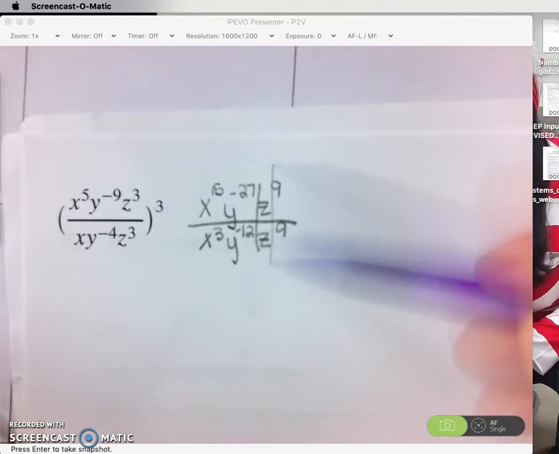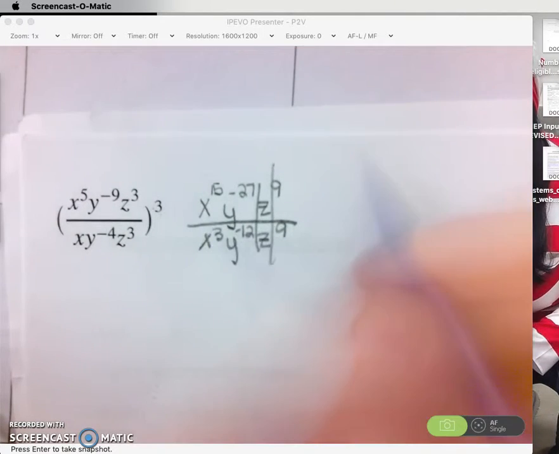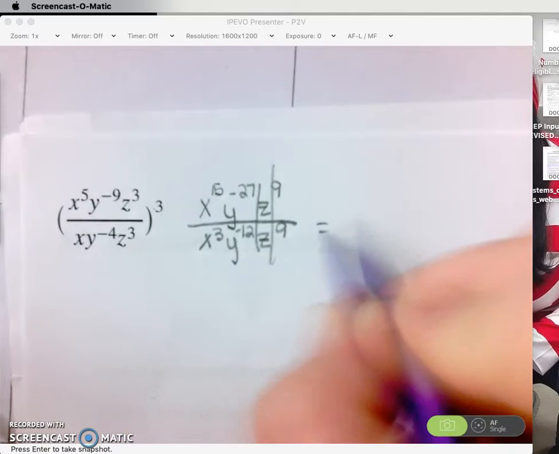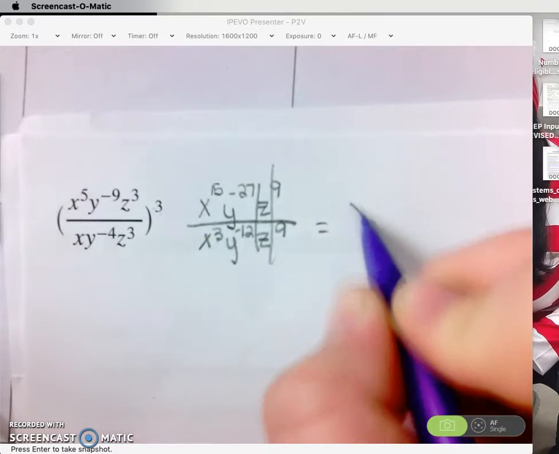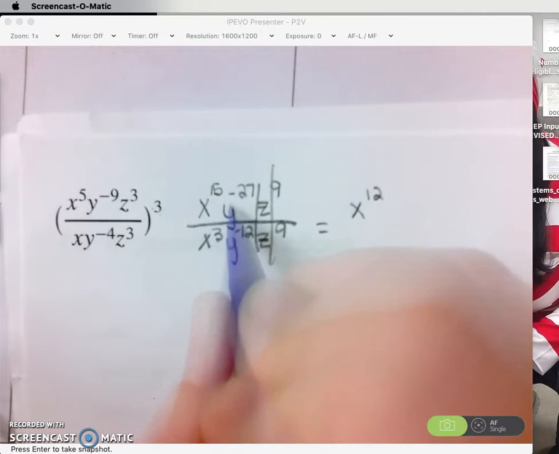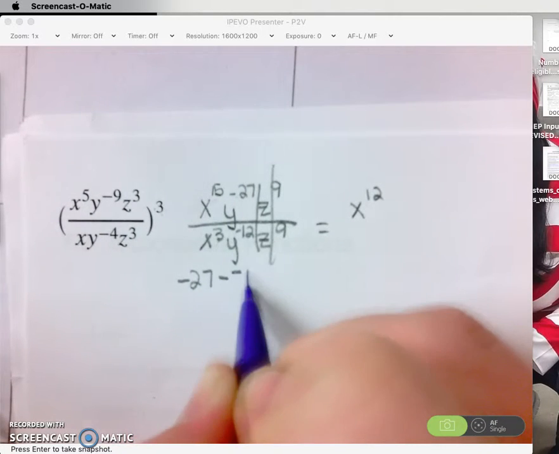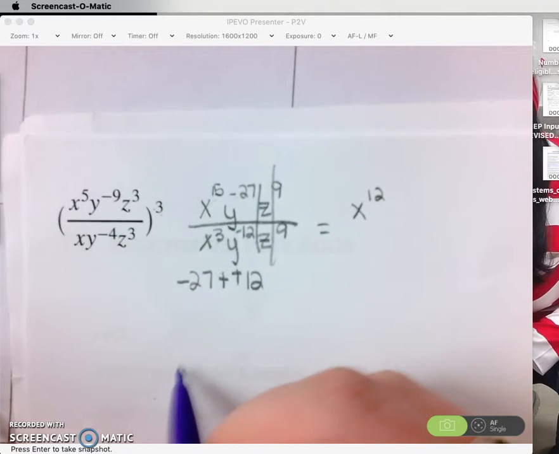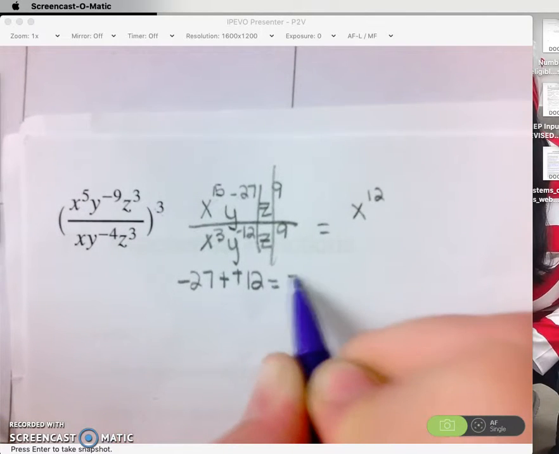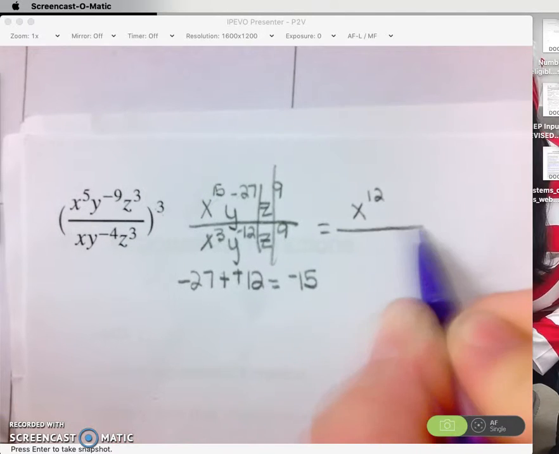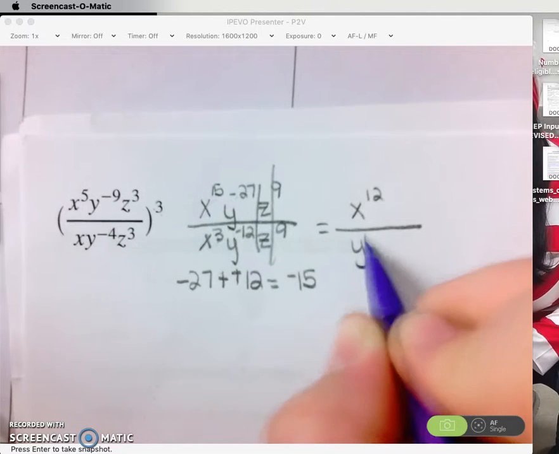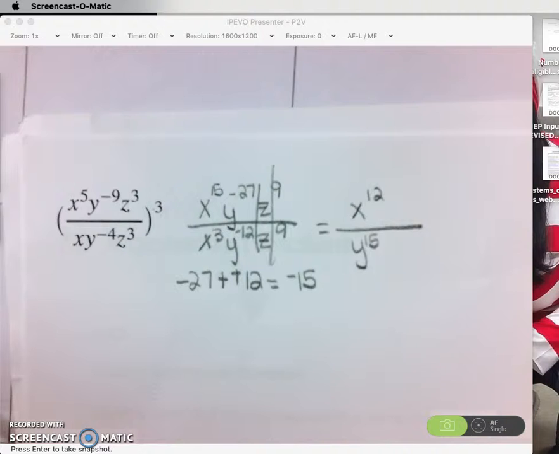That's going to cancel out. I have x to the 15th minus 3, which would be x to the 12th. And here you have to look, negative 27 minus a negative 12. So this becomes a negative 15. So we're going to put it on the bottom as a positive, so y to the 15th.